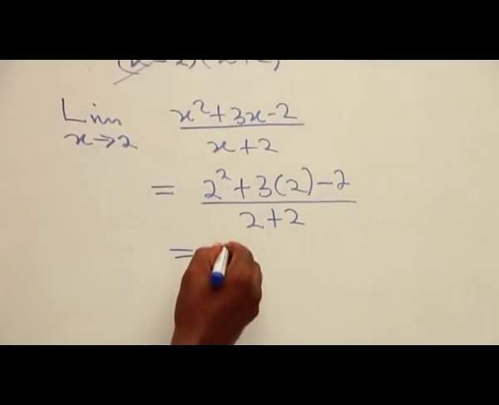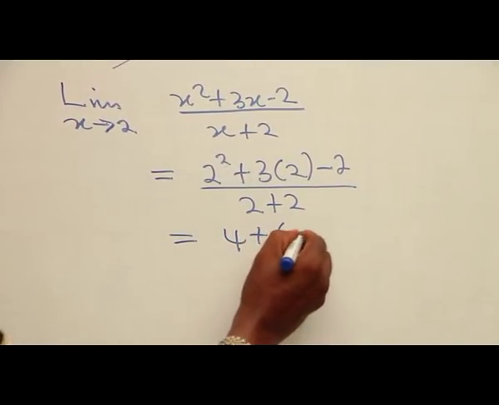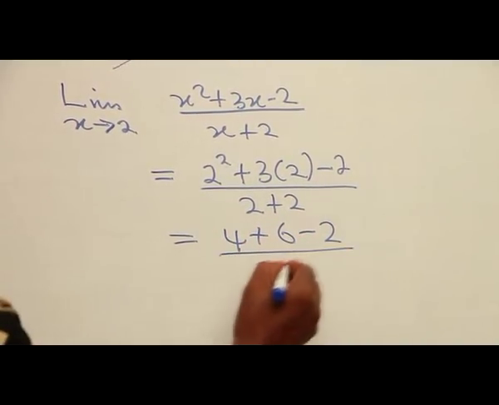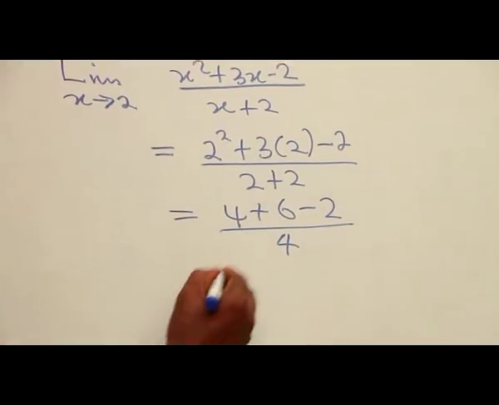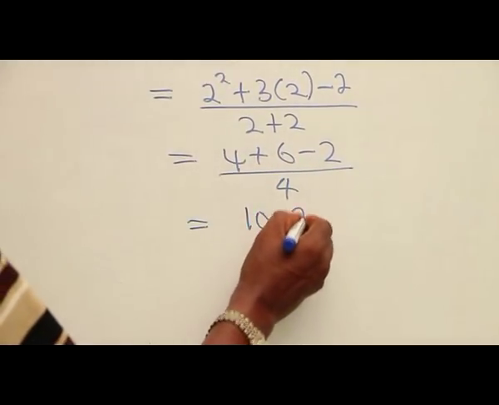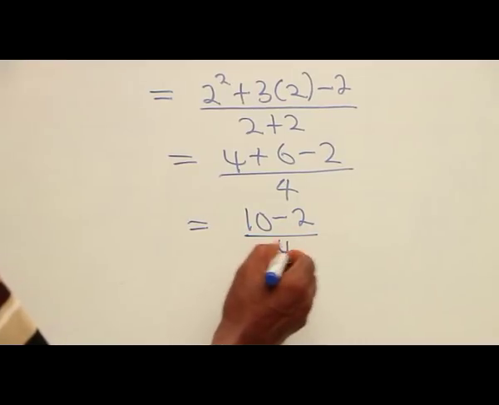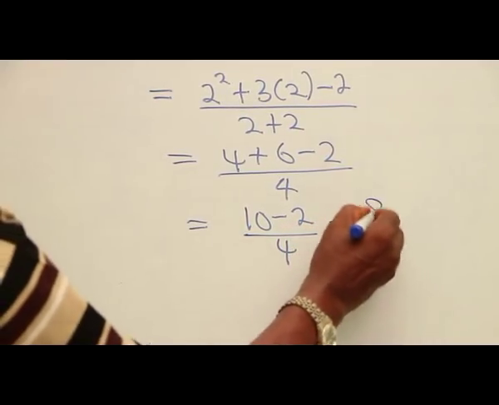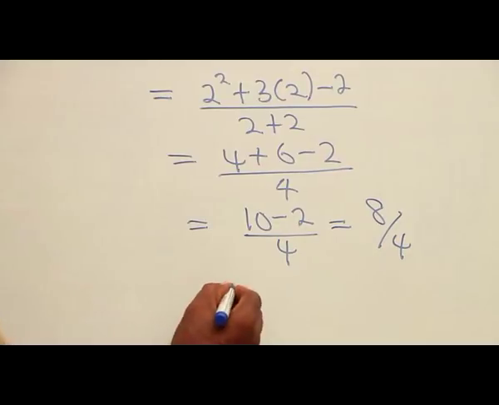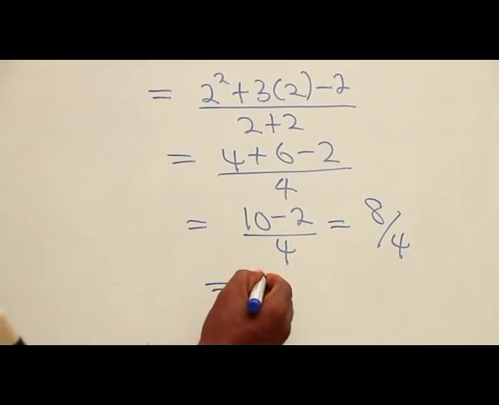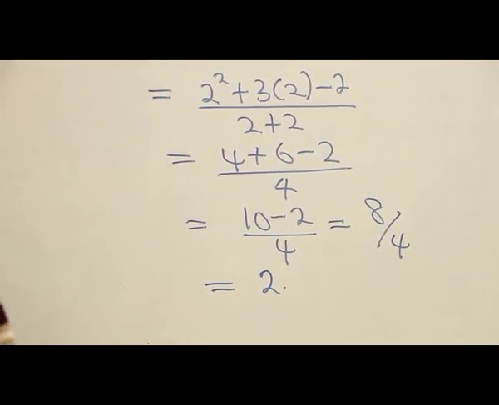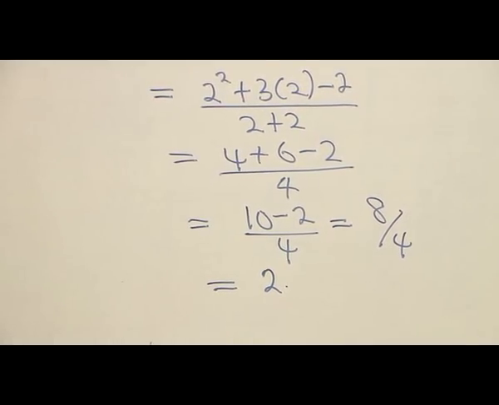The result of this is 4 plus 6 minus 2 all over 4. This gives you 10 minus 2 all over 4, and that eventually gives you 8 over 4, and 8 divided by 4 is equal to 2. So the limit of that function as s tends to 2 is equal to 2, and this is the result of the evaluation.